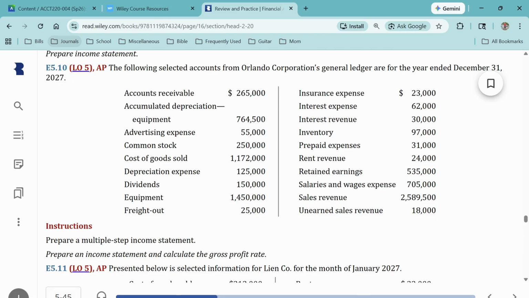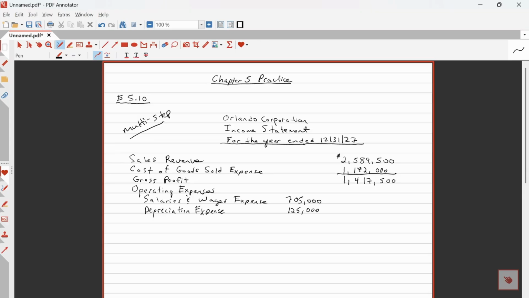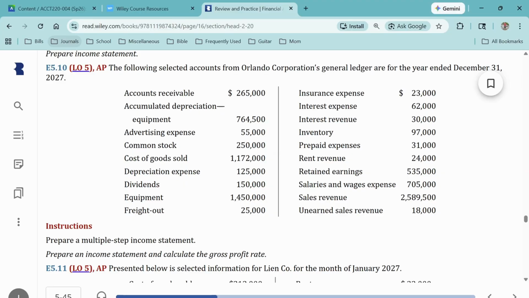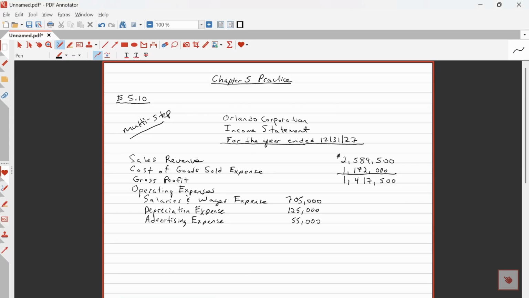And then advertising, $55,000. And then insurance is 23. Freight out was 25, so that's a little bit bigger. So we'll do freight out and then insurance.